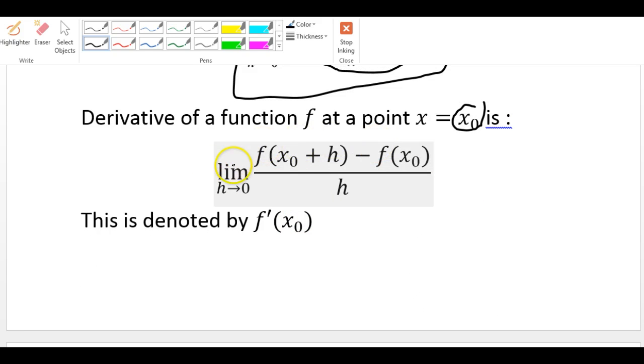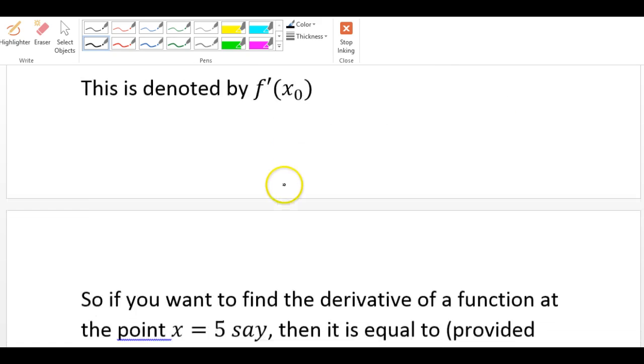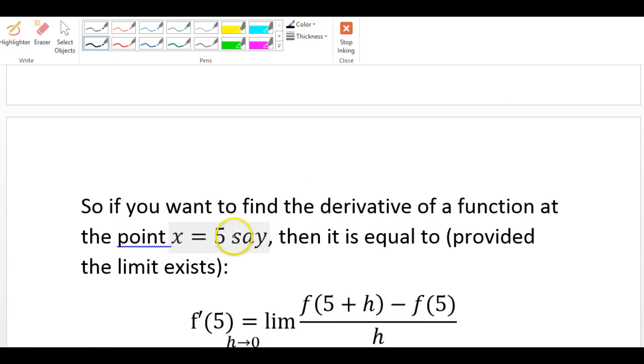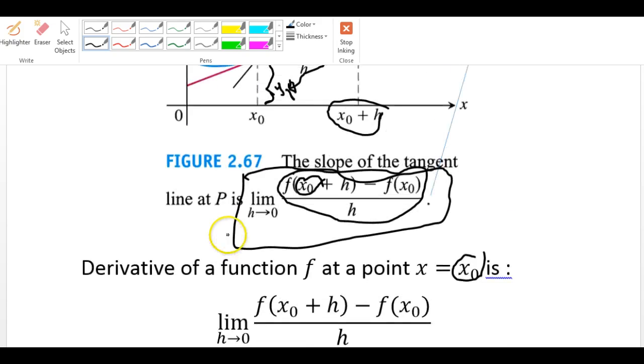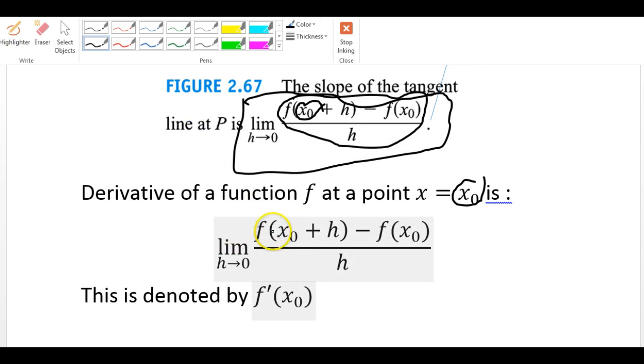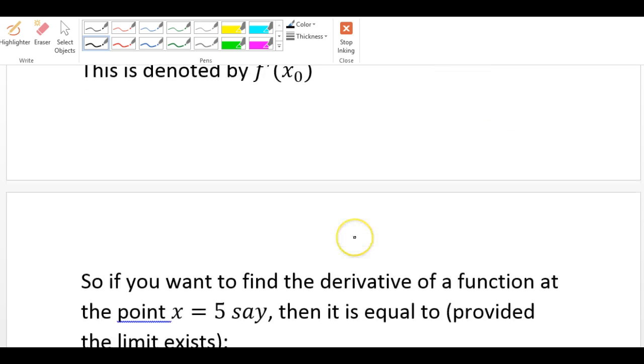You go up here and first of all, you have to identify what x0 is. Say they want it at 5, you plug in 5 for x0, and you get f of 5 plus h minus f of 5 over h.